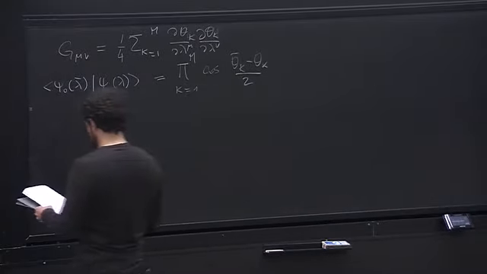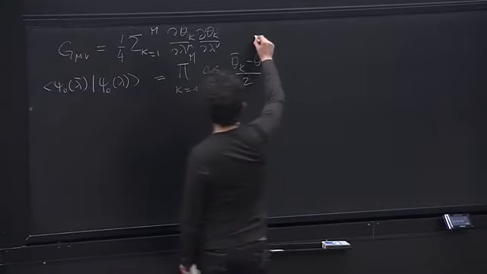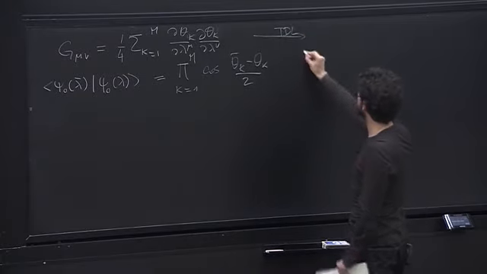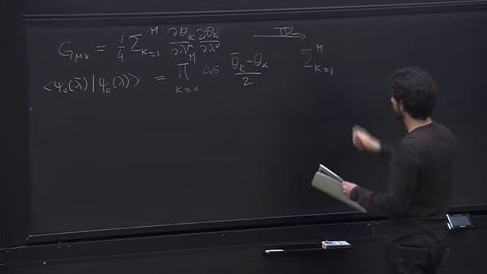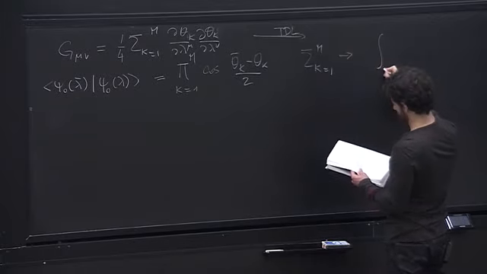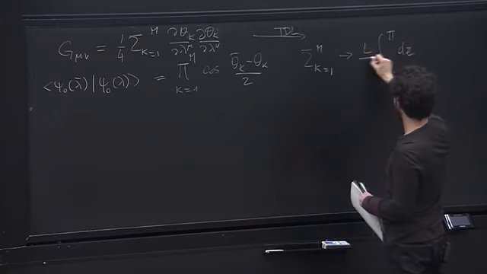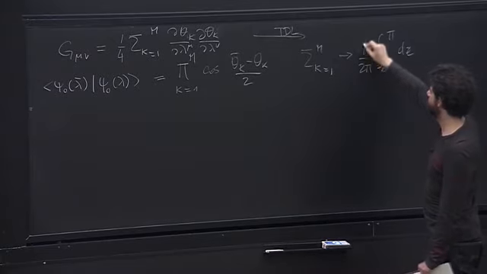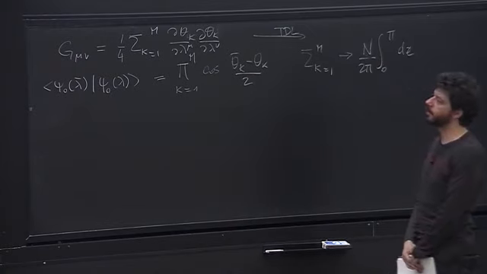To perform this sum, we want to perform it in the thermodynamic limit, and we will use a trick. The trick is that the discrete sum over k from 1 to m becomes the integral between 0 and pi of a continuous variable x, normalized by L over 2 pi, where N is 2m plus 1.